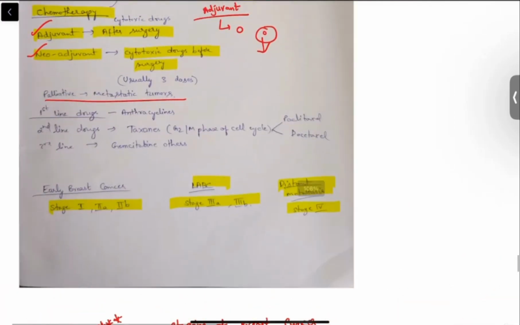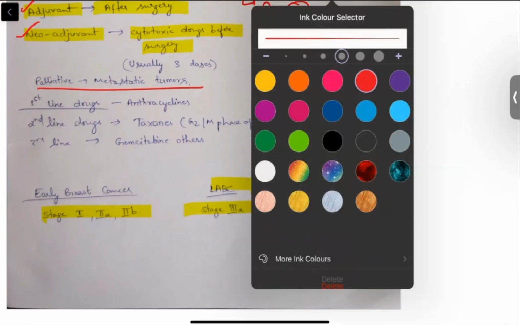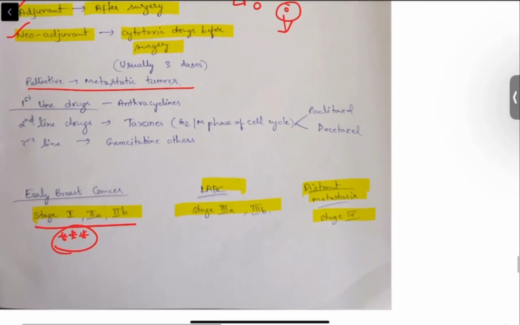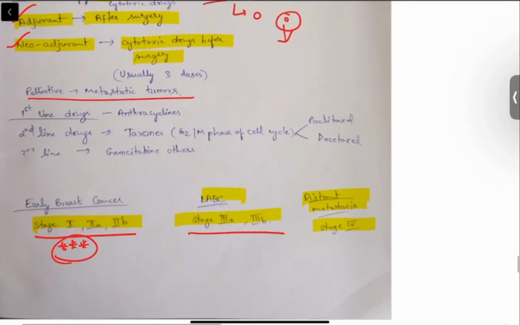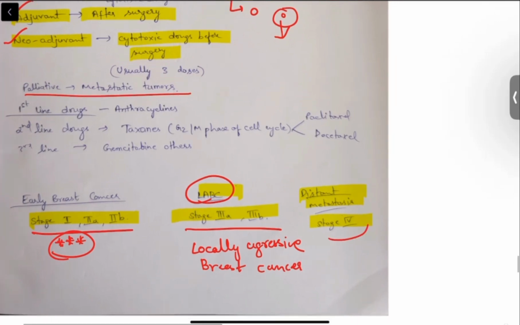Up to stage 2B we call it early breast cancer. After stage 2B, that is stage 3A and 3B, we call it locally aggressive breast cancer. After that, stage 4 is distant metastasis.